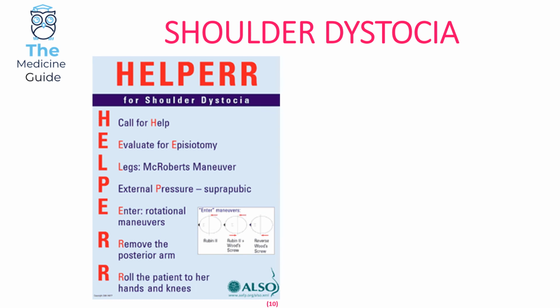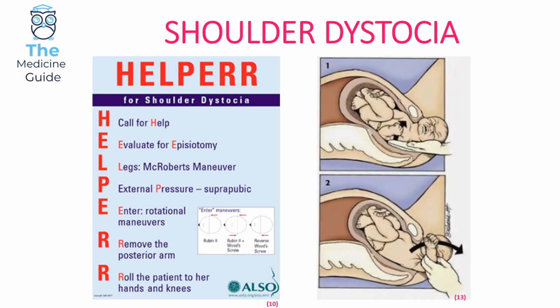Now, after performing that manoeuvre, if you're still unsuccessful in delivering the shoulder and the rest of the body, then you need to insert a hand and sweep the posterior arm over the chest and over the maternal perineum, because this is an attempt to remove the posterior arm and help to deliver the baby.